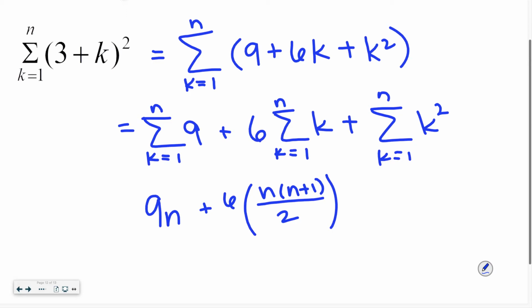I don't care if you reduce that or not, but you could write it as 3 times n plus 1. And then our k squared. Eli, what's our k squared? N times n plus 1 times 2n plus 1 divided by 6. Okay, so there is our closed form.